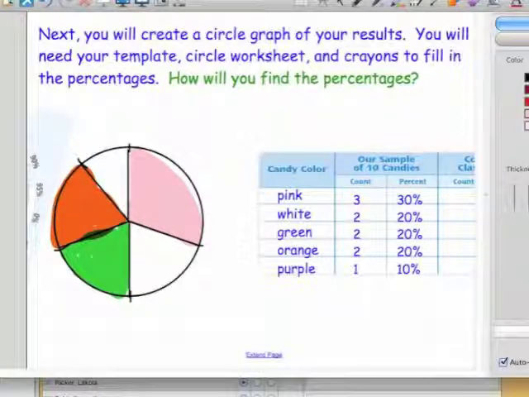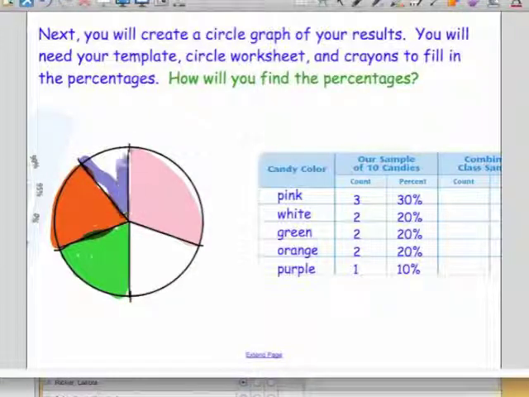And my purple was this small 10%. All right, so there is my circle graph that's showing my result of my candies. Now remember, this is just a sample of the whole bowl. We're going to use this information, however, to help us figure out the percentages of the whole bowl.